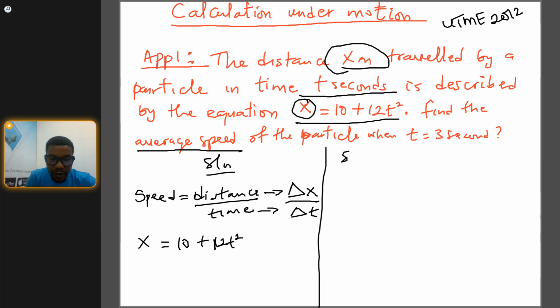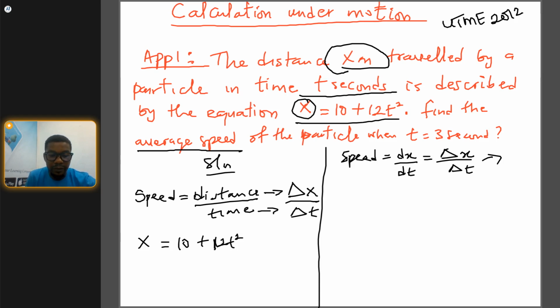If speed equals change in distance over change in time, that means we have to apply what we call differentiation. Differentiation in mathematics or further maths is the process of getting a derivative of a given function.